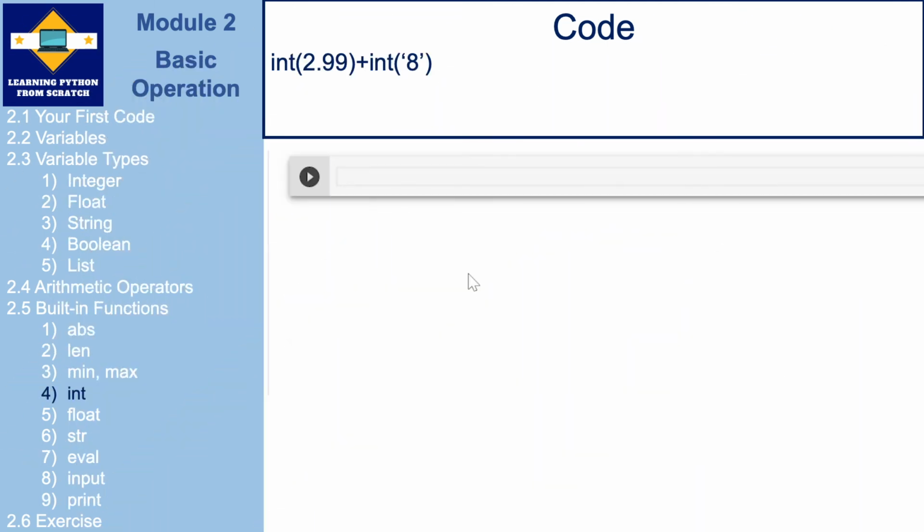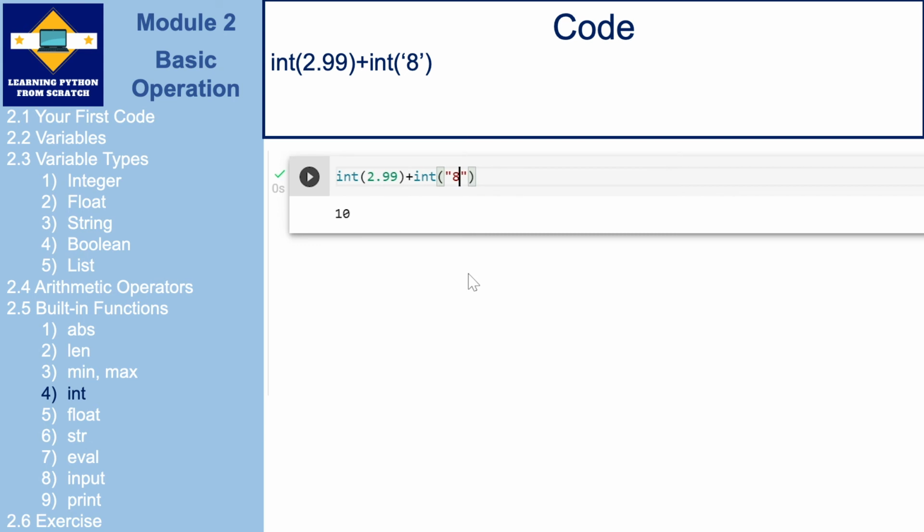It returns the integer part of a number or converts a string into an integer. So int of 2.99 plus int of the string 8. The answer is 10. Since the integer part of 2.99 is 2, and int converts the string 8 to the integer 8, the sum is 10.